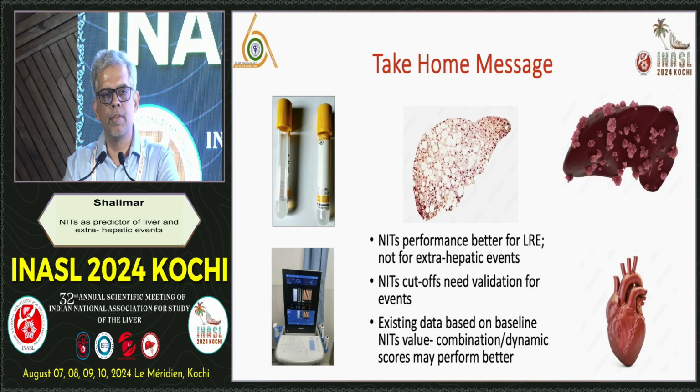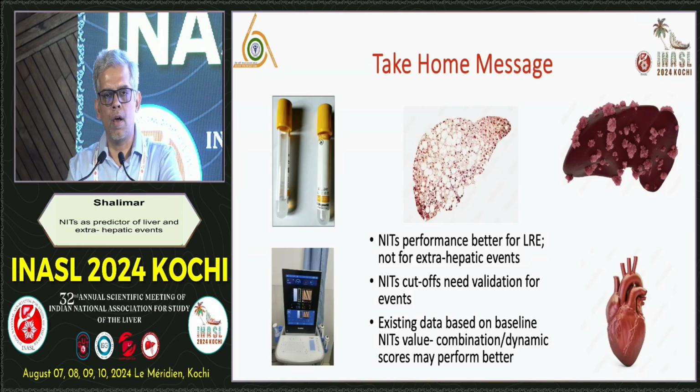We have a limited amount of data for these cutoffs for predicting outcomes, and that too is available from few centers. These cutoffs need to be validated across the globe, across multiple centers, and the existing data which is available at present is predominantly from baseline variables.